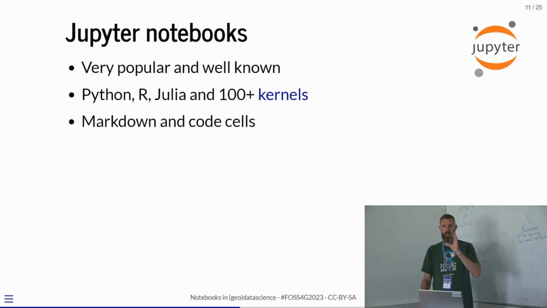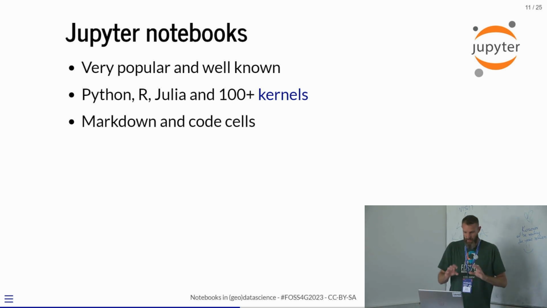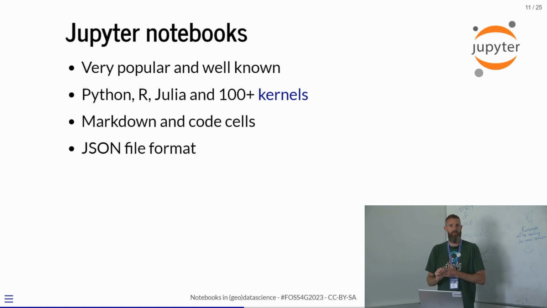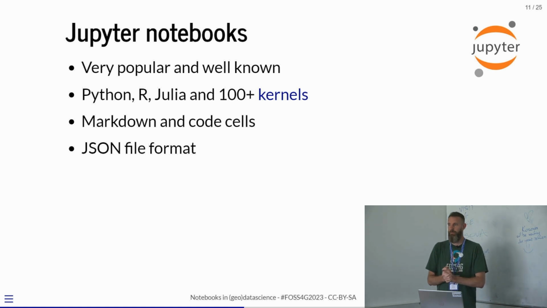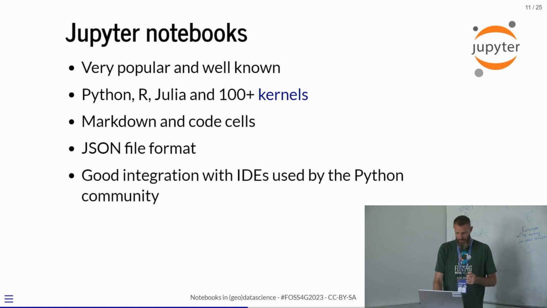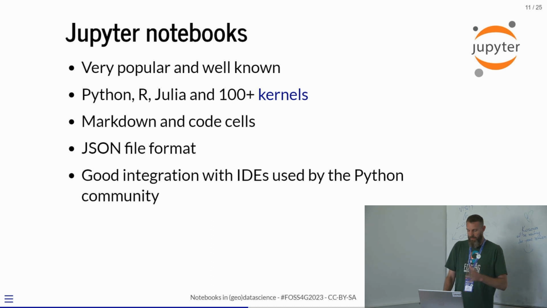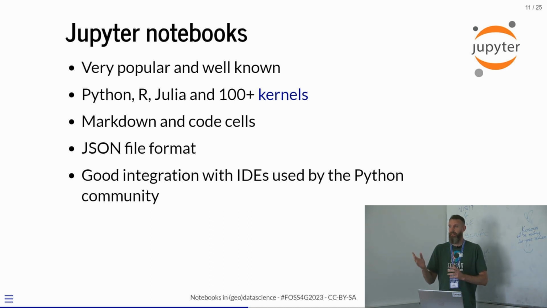It's Markdown and code cells. Each cell is very distinct. And the file format is JSON. I think that's the big issue for me. There is a good integration with IDEs, especially in the Python world.